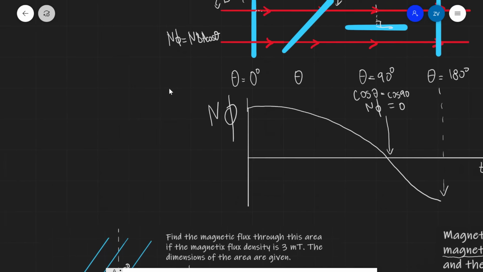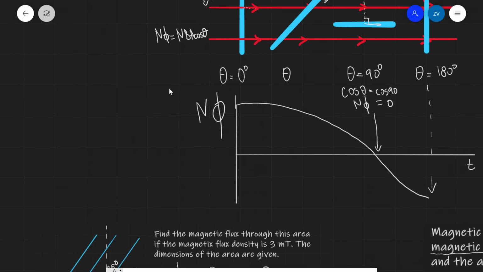Talking about this graph, by the way, it's really important to have a look at the y equals mx plus c analysis. Now remember, Faraday's law says that our induced EMF is equal to minus the rate of change of N phi, that is, minus delta (N phi) divided by delta t.